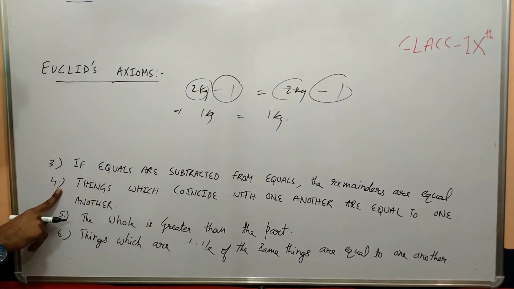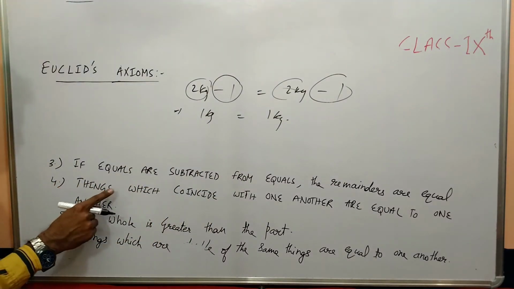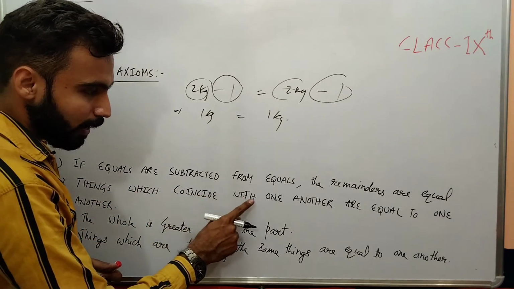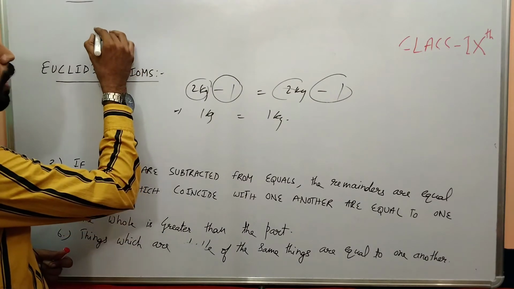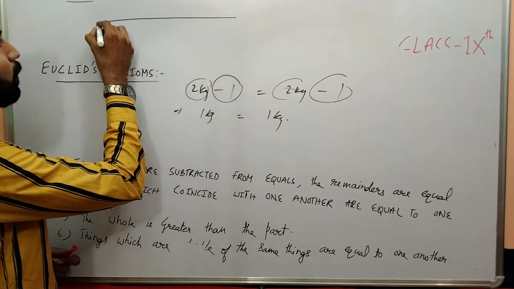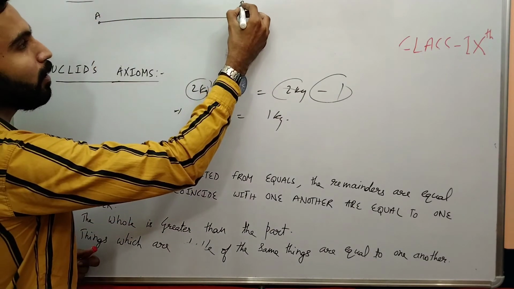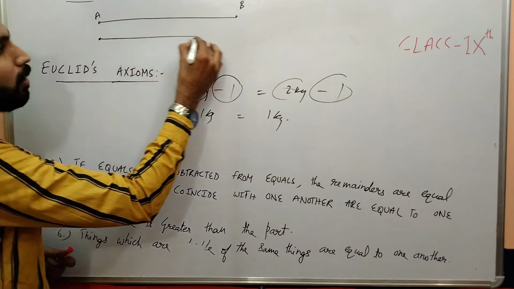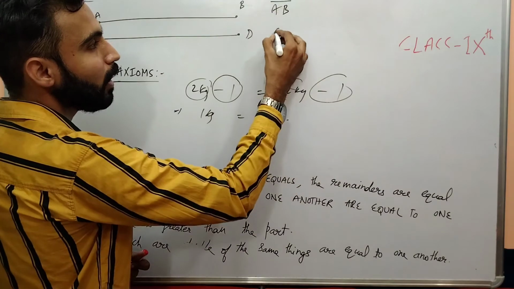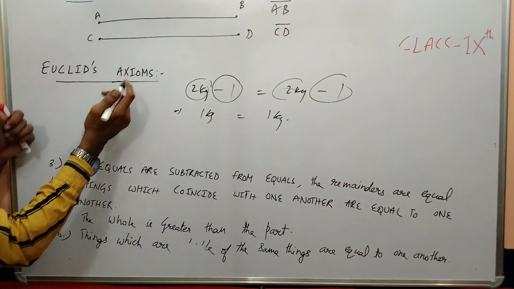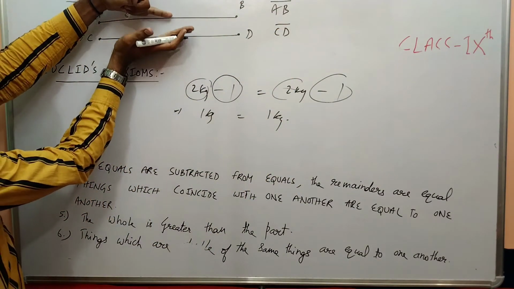Now moving on to the fourth one, that says things which coincide with each other are equal to one another. So let me draw two lines here. The first line is AB, and another one we call CD. So there are two lines, one is AB and the other one is CD. Now you can see they are of equal length and they can coincide with each other.